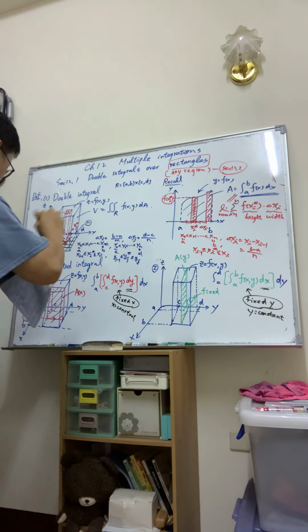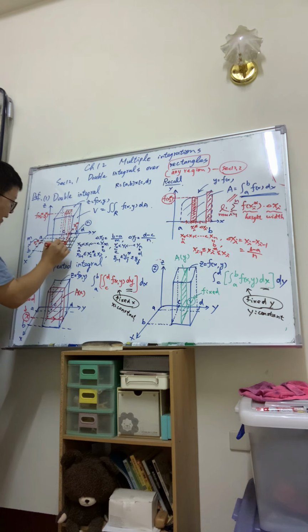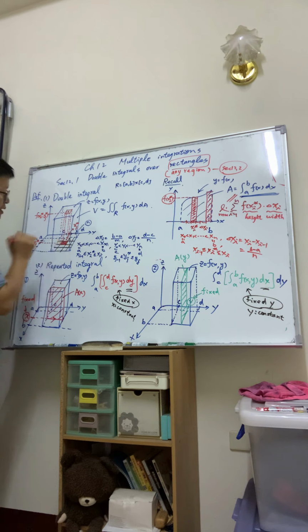So what's the definition? Now we have delta Aij, which is the area. The area is equal to delta xi times delta yj.